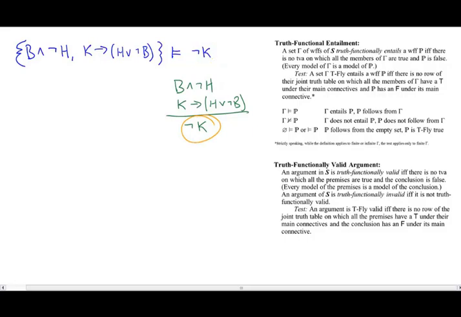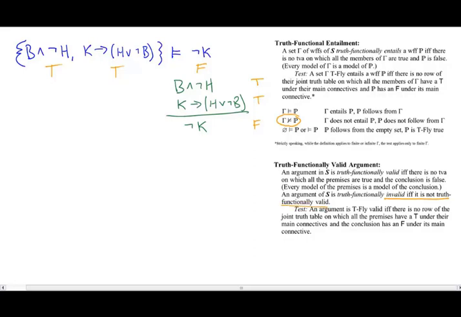If we do have a truth value assignment in our joint truth table where we get true for every member of the set and false for the target statement, which would be the same thing as true for all of the premises and false for the conclusion, if that happens, then the target is not entailed and the argument would be invalid.